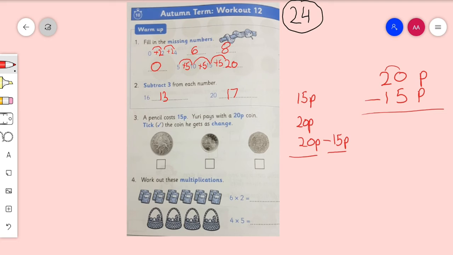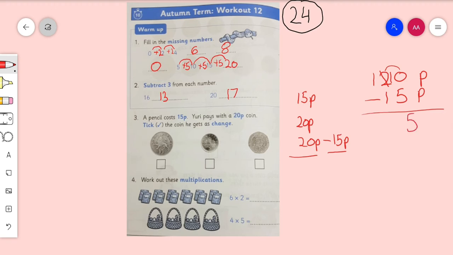The 2 then looks under it and sees if it's a smaller or bigger number. 1 is a smaller number than 2. So he says, okay, he crosses himself out, he turns into a 1. And because he gave 1 to the 0, the 0 became a 10. Now we need to do 10 take away 5, which is 5.